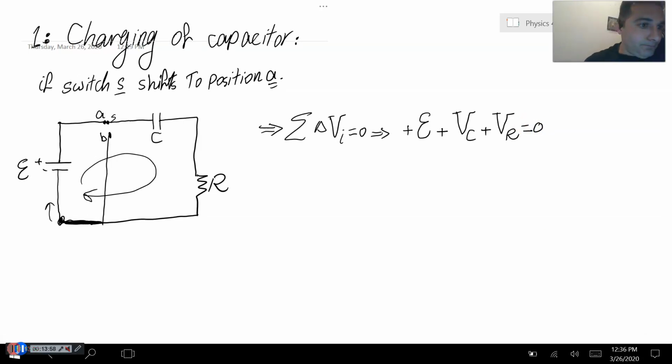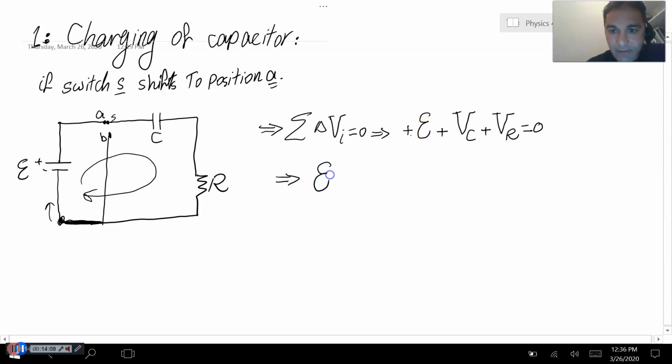Now, E is epsilon. This is the voltage of the capacitor.